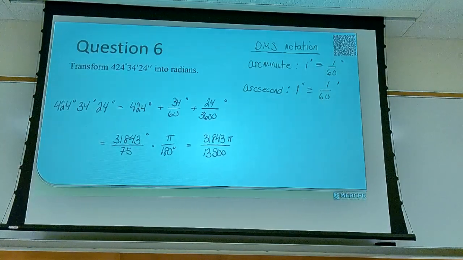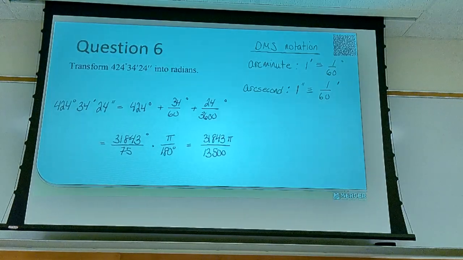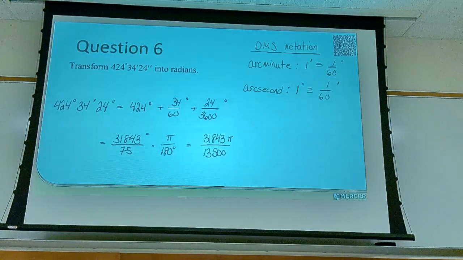Of course, it'd be easier just to use your calculator for that. Your calculator also has the option to convert between DMS and regular degrees, but it's not entirely accurate, so be careful using that.